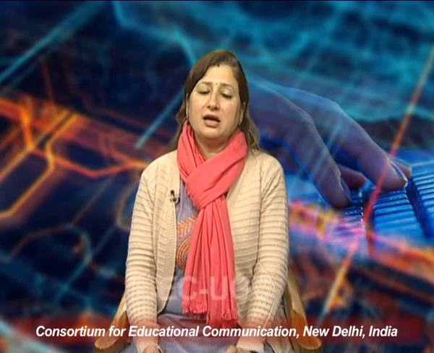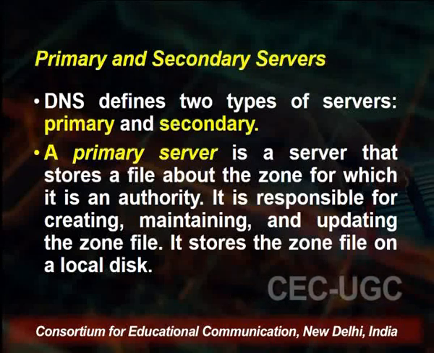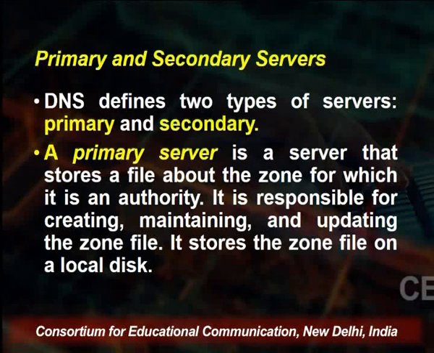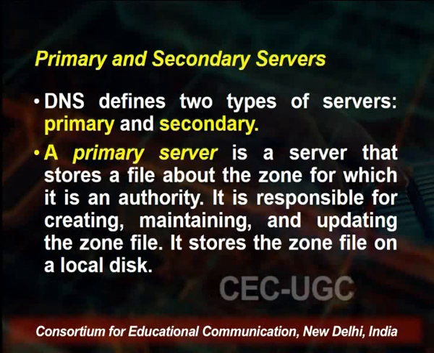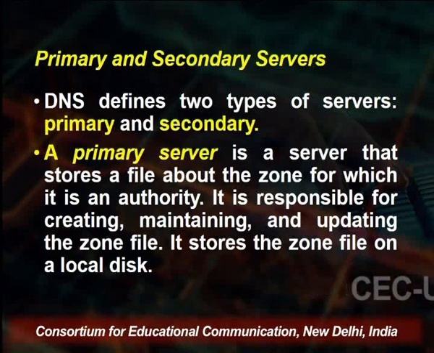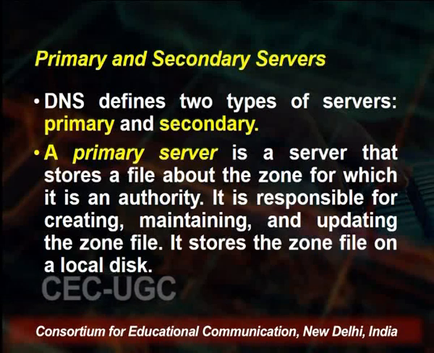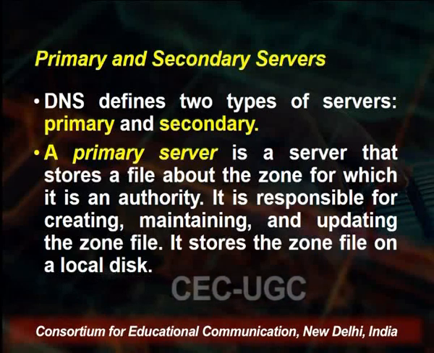Now there are two types of servers here. The DNS basically defines two types of servers: first the primary server, and second the secondary server. The primary server is a server which stores a file about the zone for which it has authority.